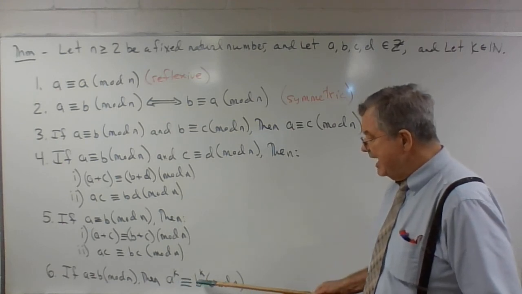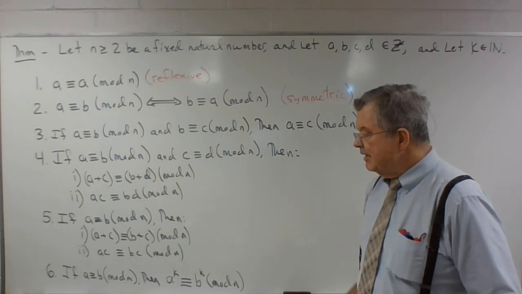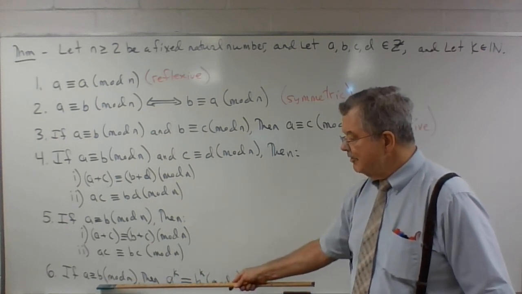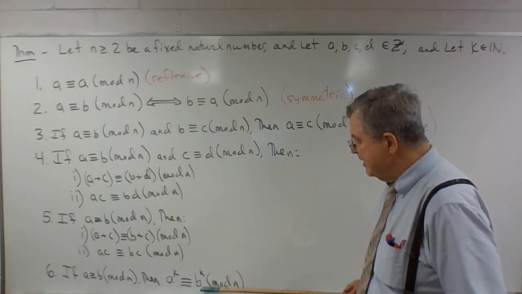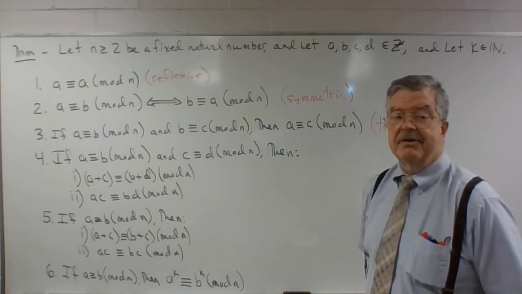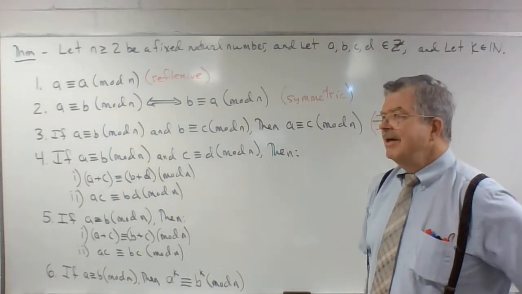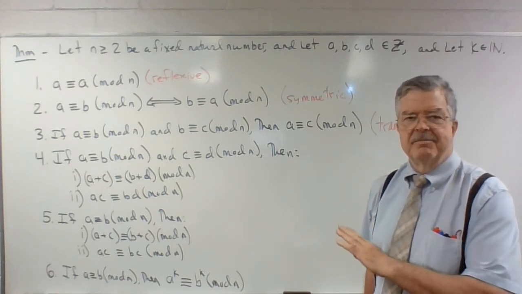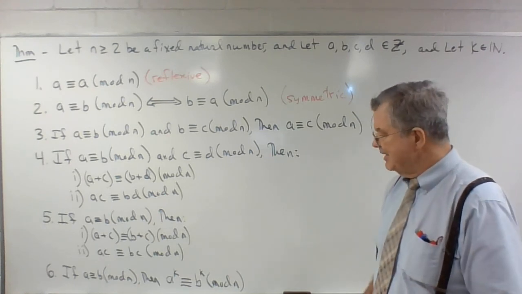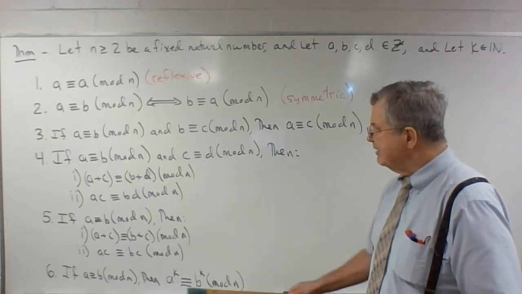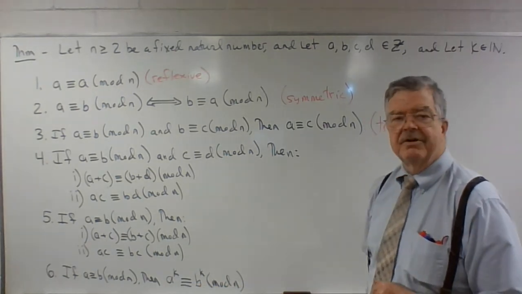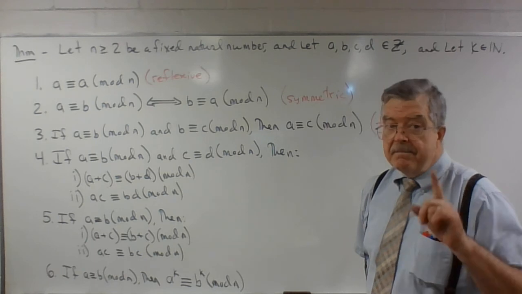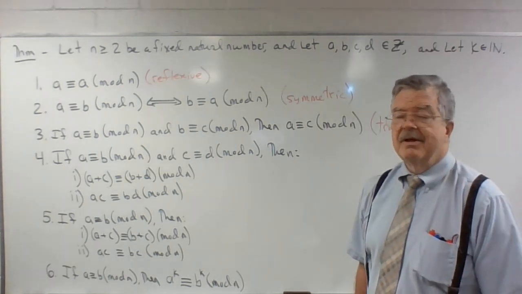If K is any natural number, we can raise both sides of a congruence to the power of K, and we still have congruent things. I would bet my life that that wasn't true if I didn't know what was behind this. It just seems too spectacular that these two things would turn out to be congruent. But in fact, they do.